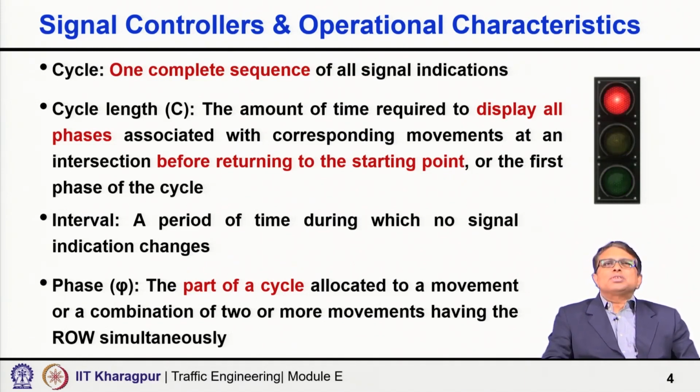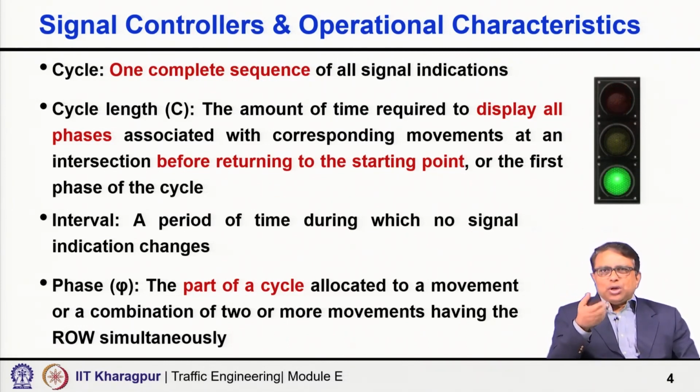First, about the cycle. Cycle is one complete sequence of all signal indications. Like if you think that starting from red, then green, then amber, and then again going back to red, then the same sequence will continue.